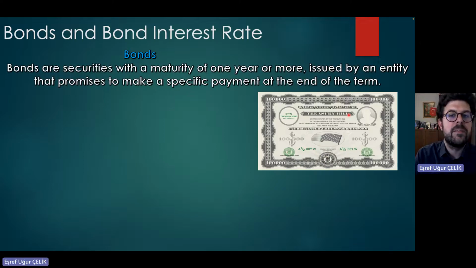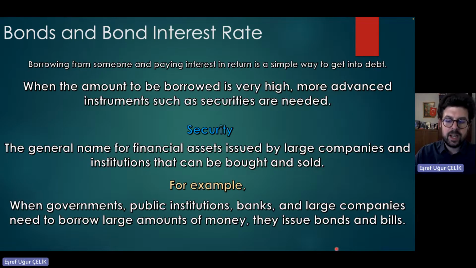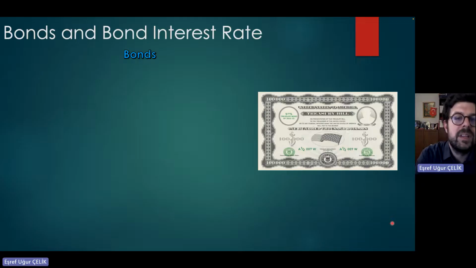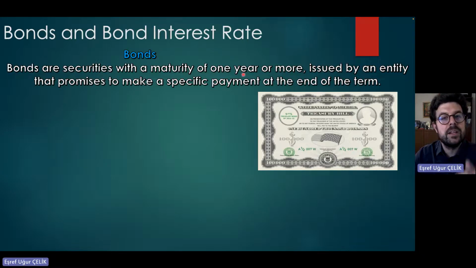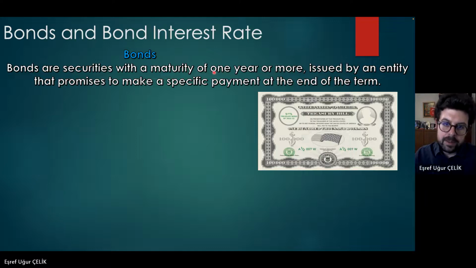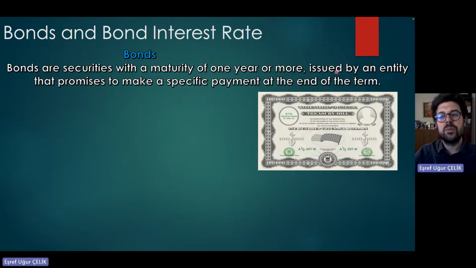Okay, let's look at the definition of bonds. In the previous slide, I said governments and other actors issue bonds and bills for finding money. Bonds are securities with a maturity of 1 year or more. They are securities issued by an entity that promises to make a specific payment at the end of the term.